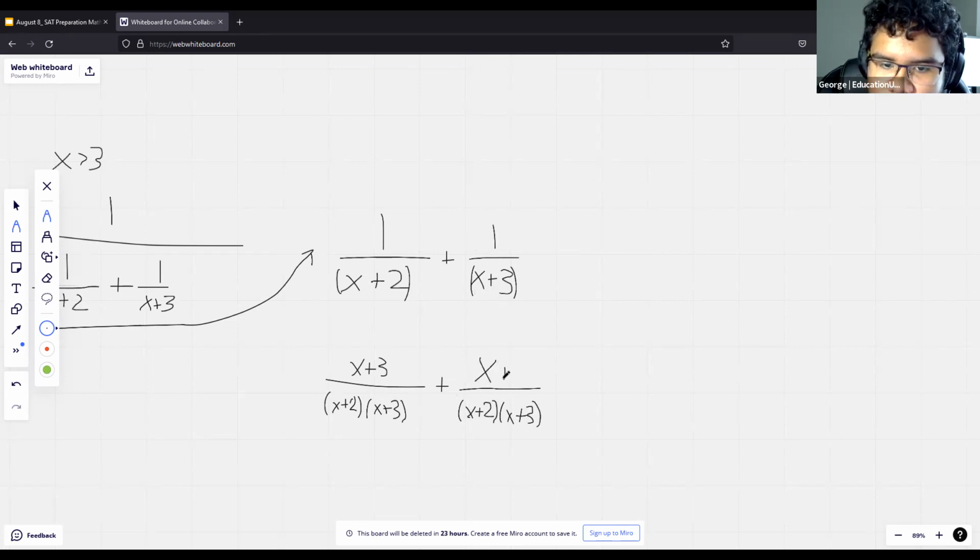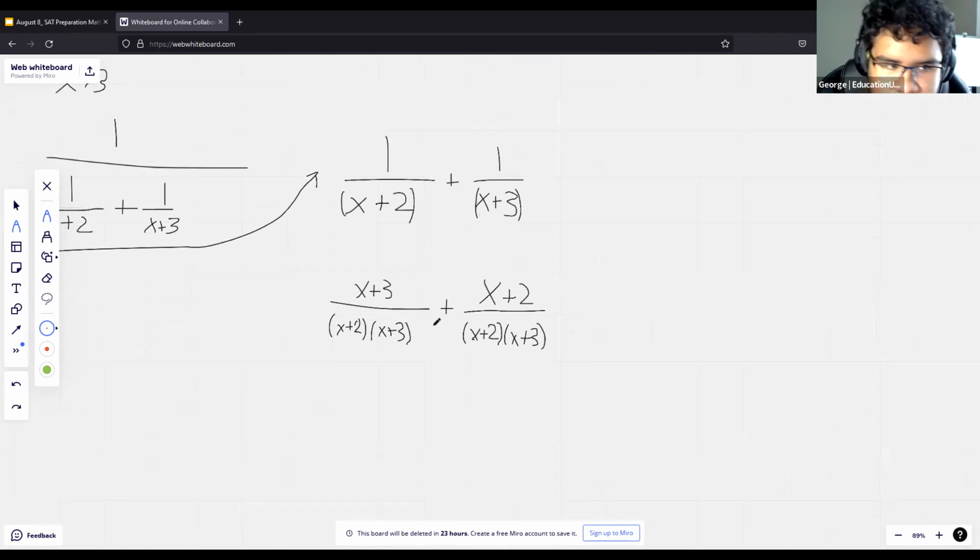The reasoning is the same: the x plus 2 on both top and bottom cancels out, so it's the same value as what this was. It's just rewriting it in a way that allows us to add it. And now that we've done this, we can add the top halves of these rational functions together because they have the same denominator.